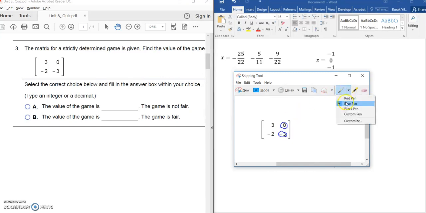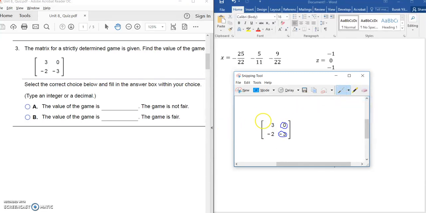And then we do the same with the columns, but when it comes to columns, you take the maximum value, not the minimum. So in column 1, you got 3 and -2. 3 is larger. And then in column 2, 0, -3. Sorry, let me erase this actually.